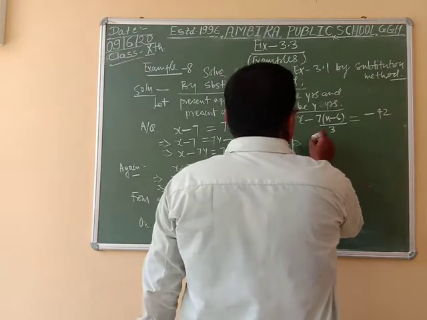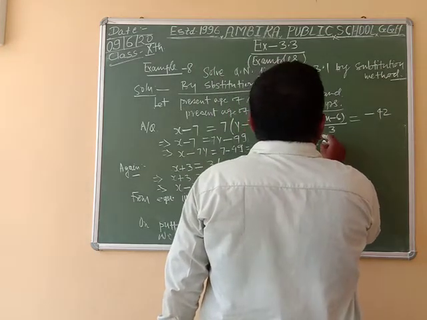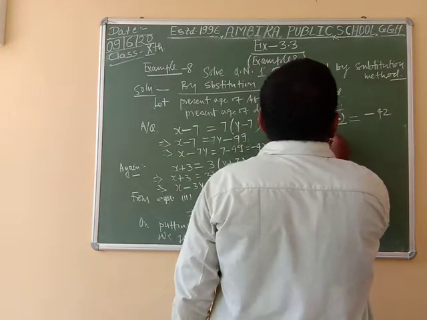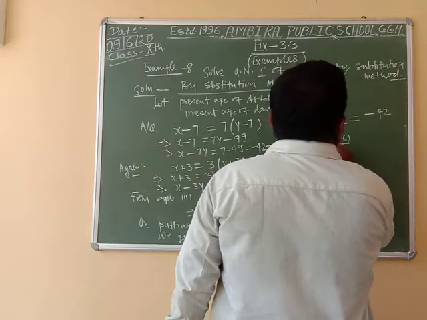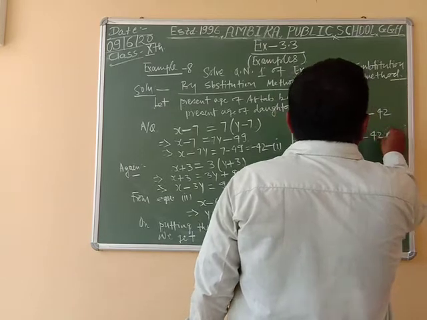So 3x minus 7 into x minus 6 by 3 is equal to minus 42.